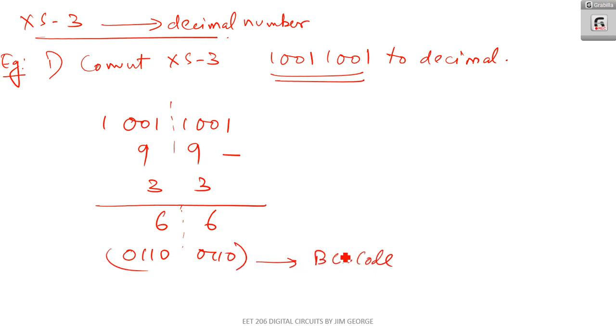Okay. So 66 to the base 10 is the decimal number, and 1001 1001 is the XS3 code of 66.